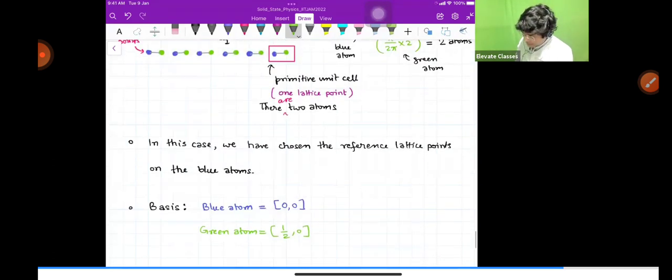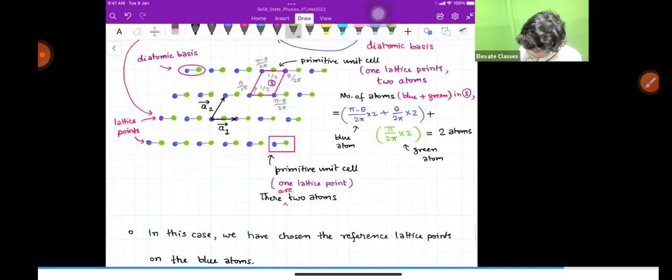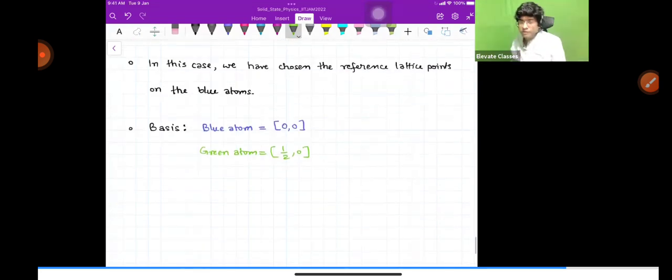Now, one more comment here: the green atoms are not placed on lattice points. Okay, green atoms are not placed on lattice points. यहाँ पे blue atom is the reference point and these are the lattice points.